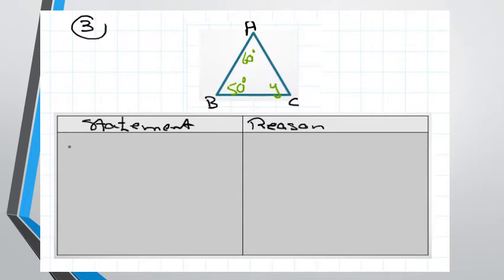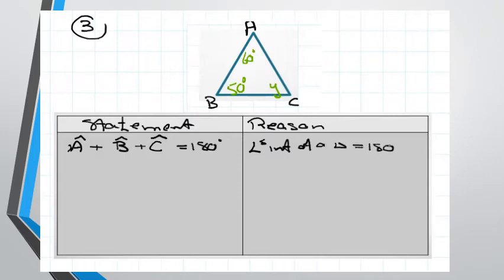Therefore, angle A plus angle B plus angle C must equal 180 degrees. The sum of the interior angles of a triangle equals 180 degrees. I think you start to see the interior angles already of the triangle.